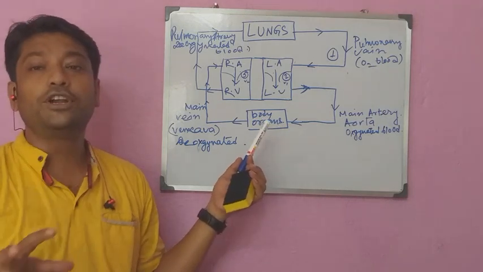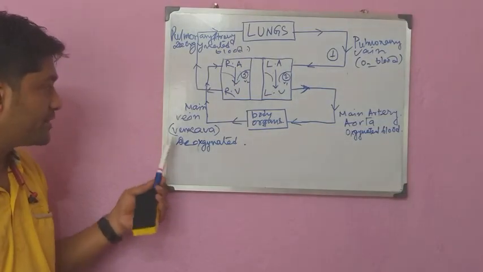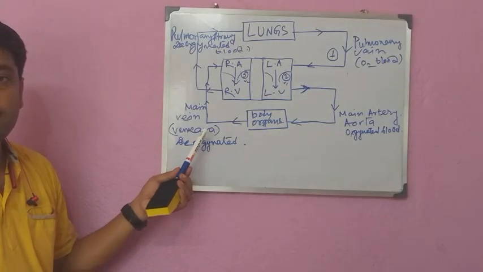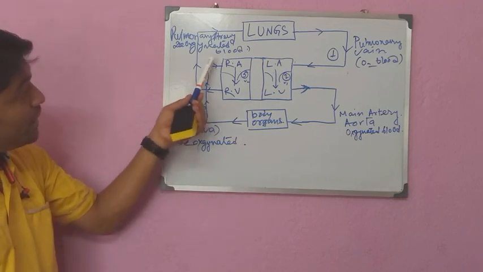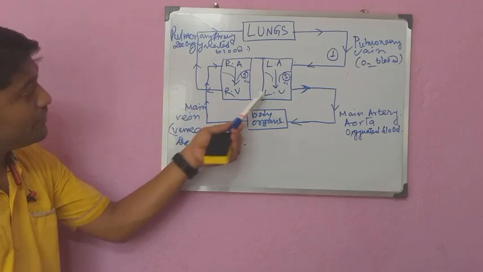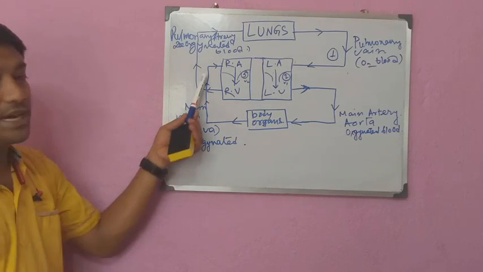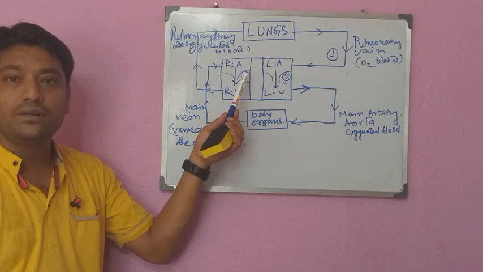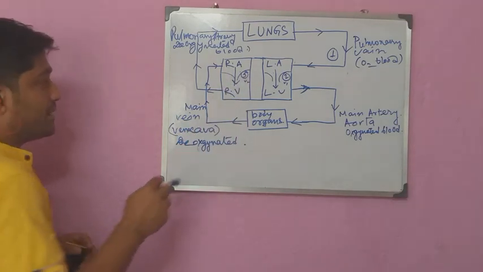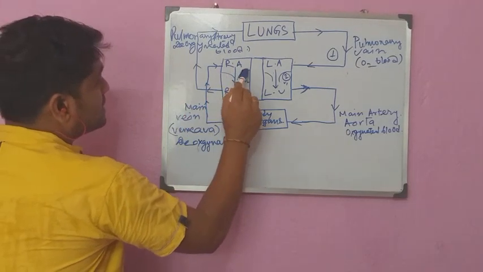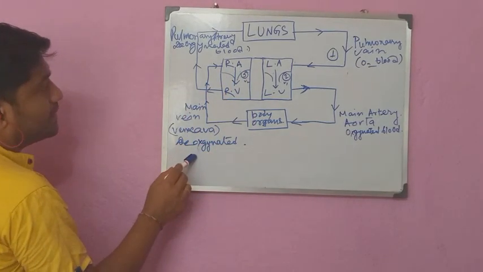From the body organs or body tissues, the deoxygenated blood carrying carbon dioxide is pumped back to the heart, into the right atrium, by the main vein, the vena cava.